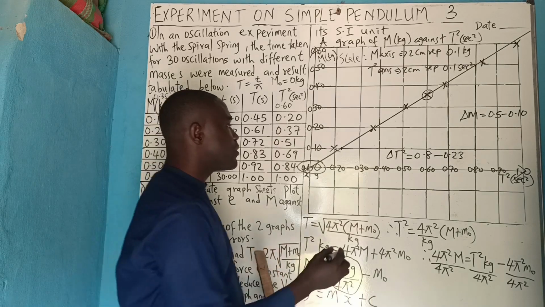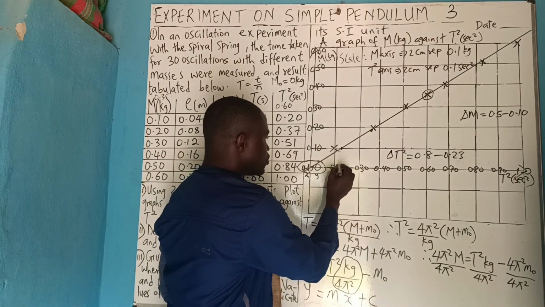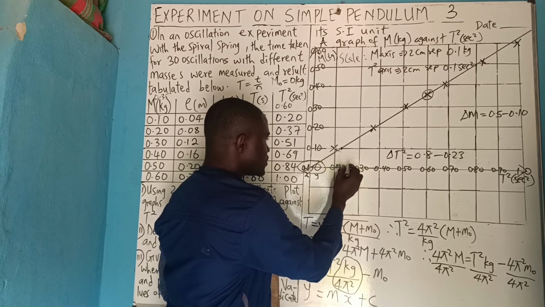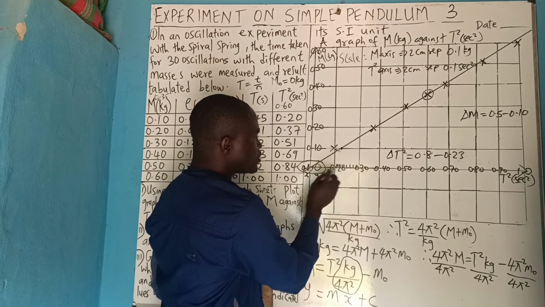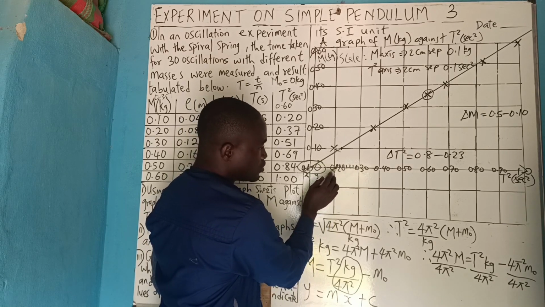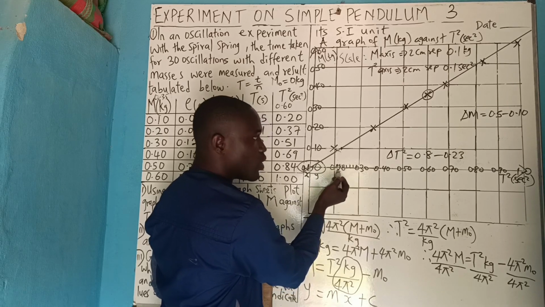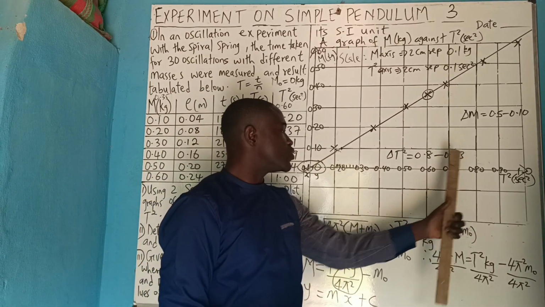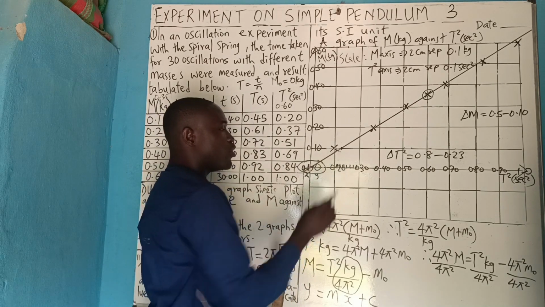Say this minus this will give you 0.1, divided by 10. It will now be giving you 0.01. So 1, 2, 3, 4, 5, 6, 7, 8, 9, 10. So 0.01, 0.02, 0.03 plus 0.2, you'll be having 0.23. So this minus this gives you the value for each small box.